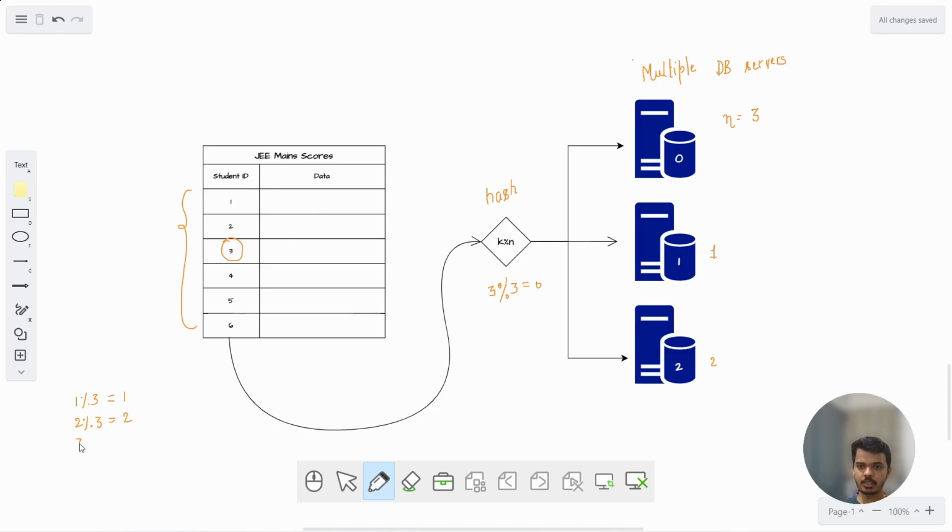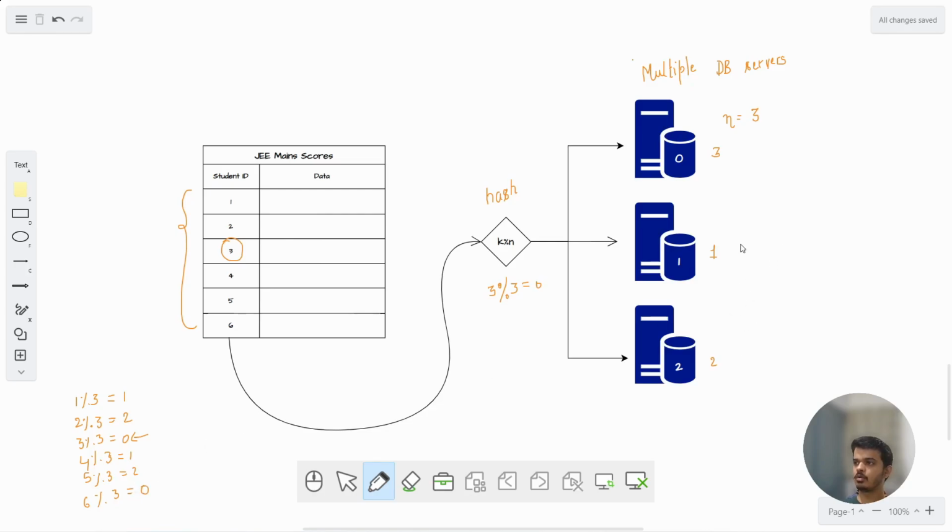Student with student ID 3 will go on database server 0, so student 3 will go here. Similarly, 4 mod 3 gives us 1, 5 mod 3 gives us 2, and 6 mod 3 gives us 0.